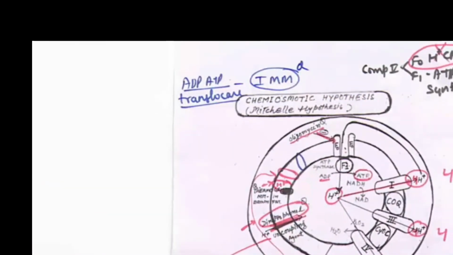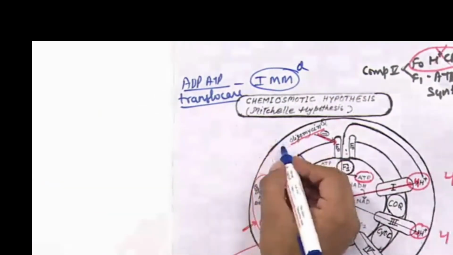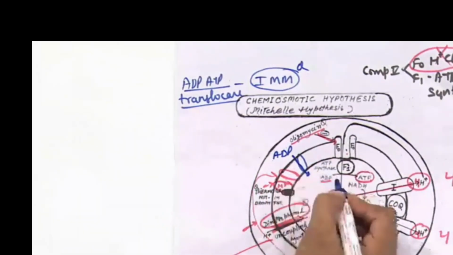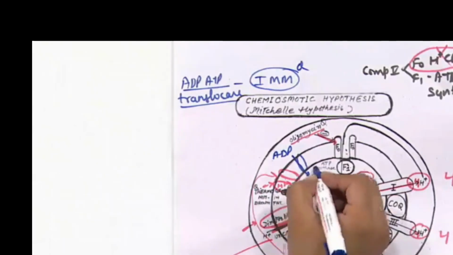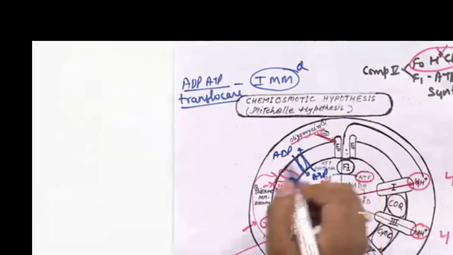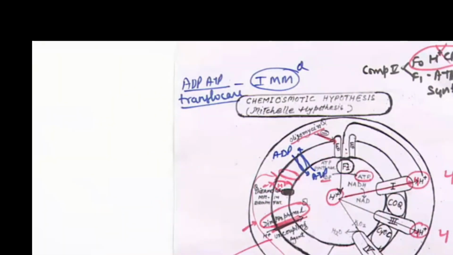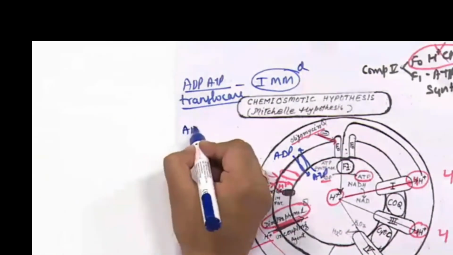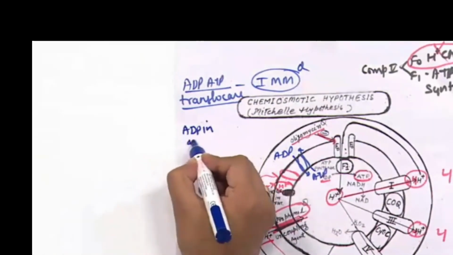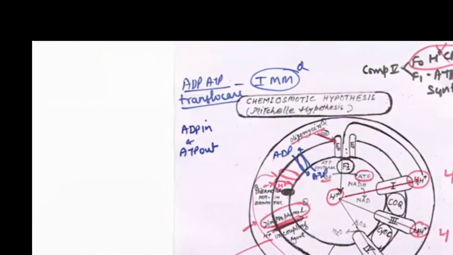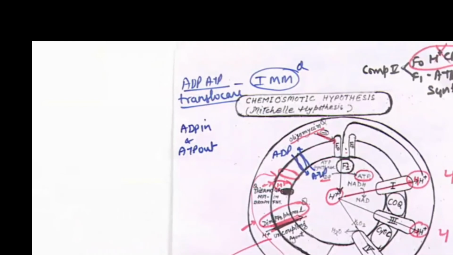What is the function of this translocase? It transfers ADP in and ATP out. Clear?